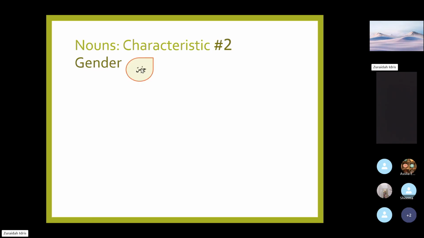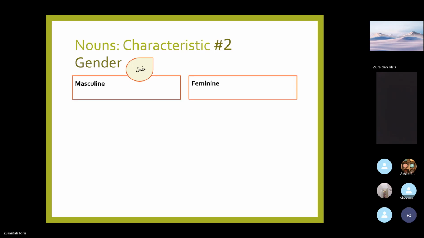We call it jinsun in Arabic, and we have of course two types of gender: masculine and feminine. Now in English, just like Bahasa Malaysia, English is one of the languages that does not have gender in terms of the grammatical treatment of the words.